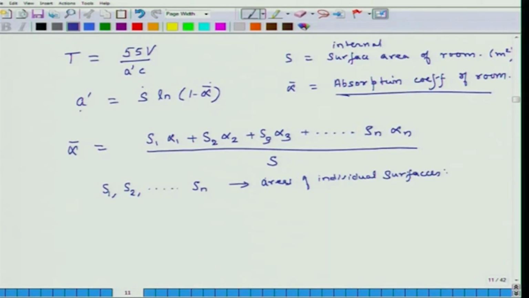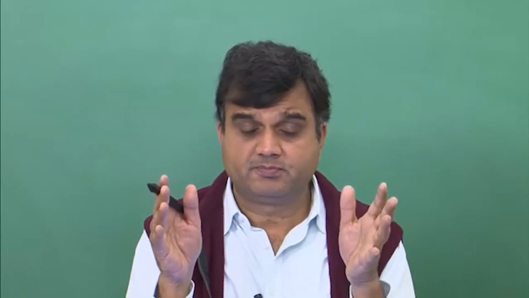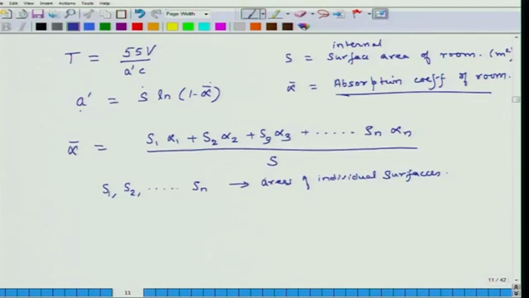So if I have a room which has 7 or 8 internal walls, or surfaces, roof, floor, different walls, door, window, I have to calculate each separately. Then I calculate the area of each of these in meter square and make a list of those. And then what I do is I find out alpha 1, alpha 2, alpha n. What are these alphas?